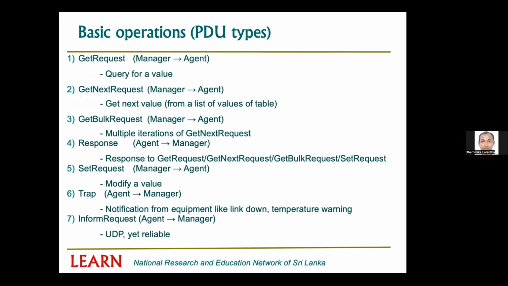The fifth one is set request, that is also going from manager to agent. When we need to modify a value or set some object value. There's a variable called syscontact, that is the contact for that particular device's management, the network admin contact normally put there.